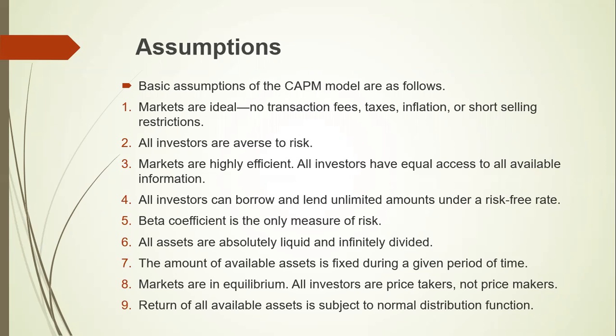All assets are absolutely liquid and infinitely divisible. The seventh is that the amount of available assets is fixed during a given period of time. Markets are in equilibrium. All investors are price takers, not price makers. And the last one is that the return of all available assets is subject to a normal distribution function. So these are the assumptions of the capital asset pricing model.